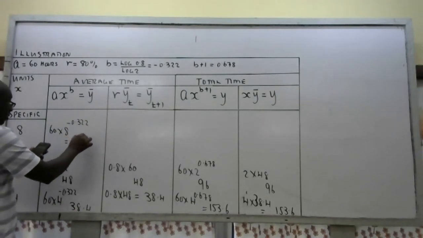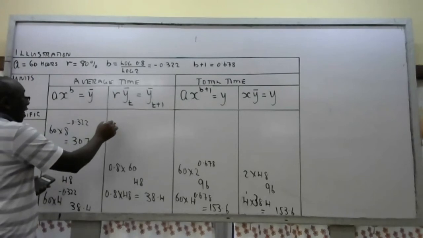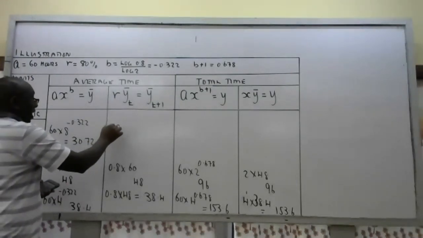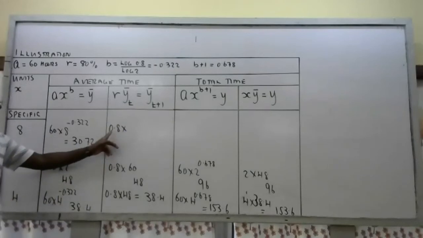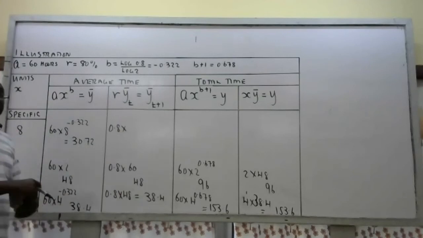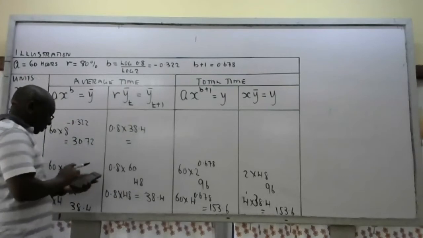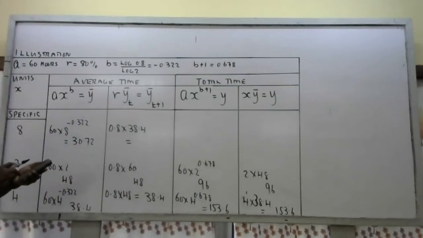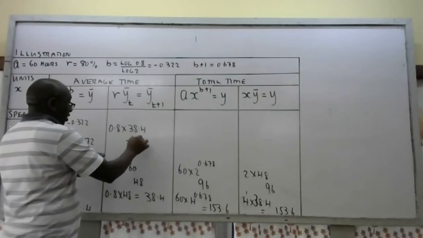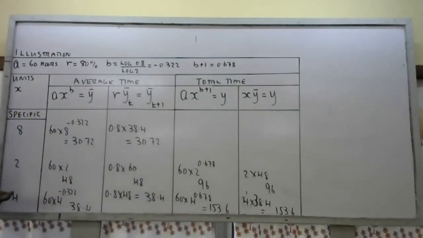I'm getting 30.72. And then here I will say 0.8 multiplied by the one that was above it, which is 38.4. So 0.8 times 38.4 also gives us 30.72.